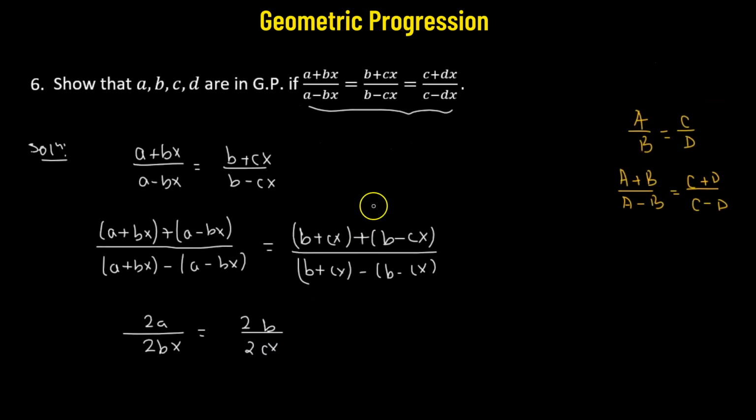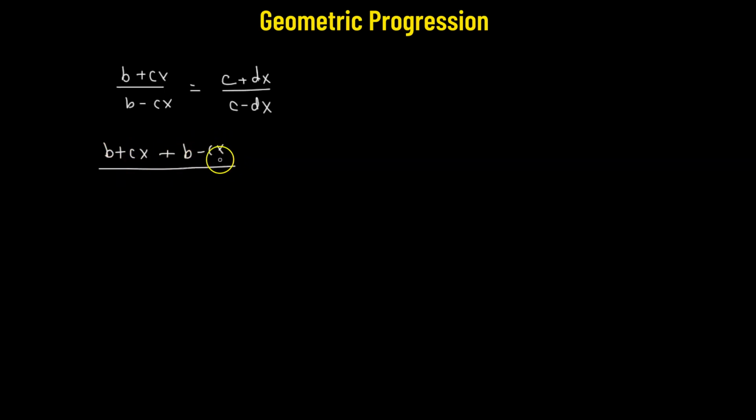Then we will use the second part. We will consider the second ratio and the third ratio, (b plus cx) divided by (b minus cx), which is equal to (c plus dx) divided by (c minus dx). Now again applying the method of componendo and dividendo, where b plus cx plus b minus cx, the denominator, we're adding to the numerator, and we have b plus cx minus (b minus cx) equals c plus dx plus c minus dx divided by c plus dx minus (c minus dx).